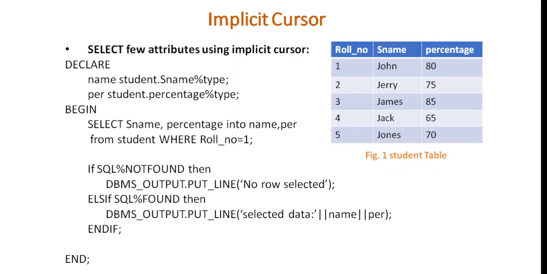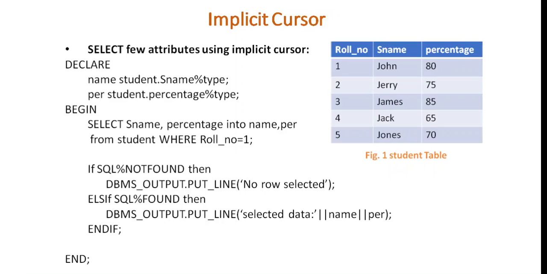Now next is if SQL%NOTFOUND. If it is true, it means that no row is selected by the cursor. It means that there is no row with the given condition in the table. Otherwise, else if SQL%FOUND.